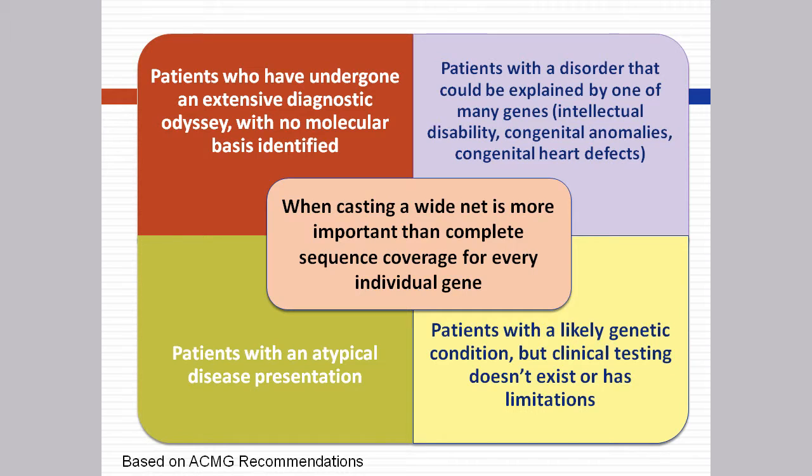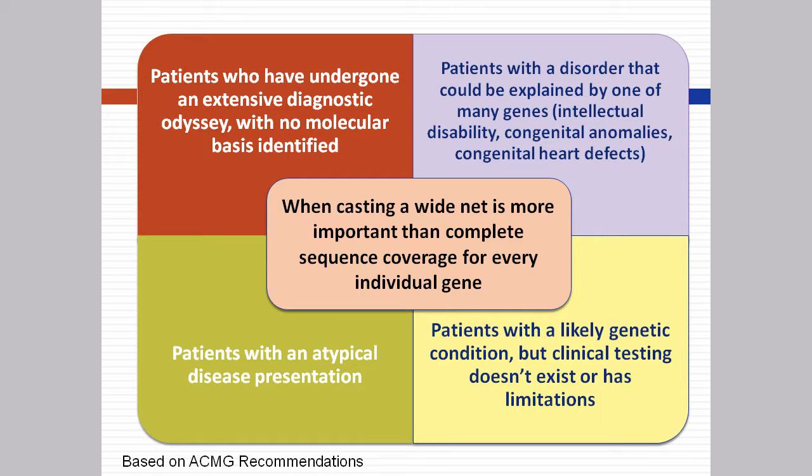So for which patients should you consider that? We started out using exome sequencing for patients who have undergone an extensive diagnostic odyssey, where we did a zillion other diagnostic tests and simply over years could not find what's causing the patient's condition.